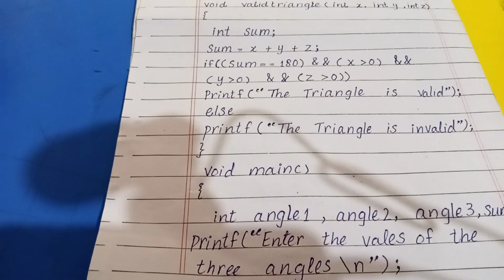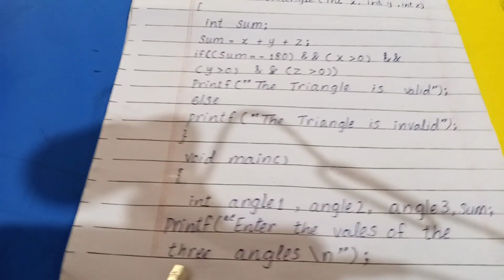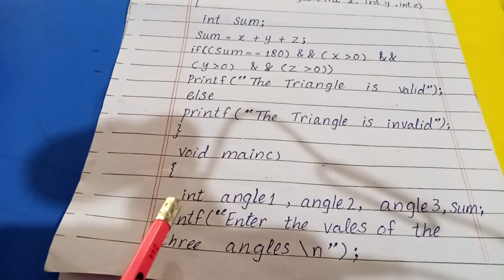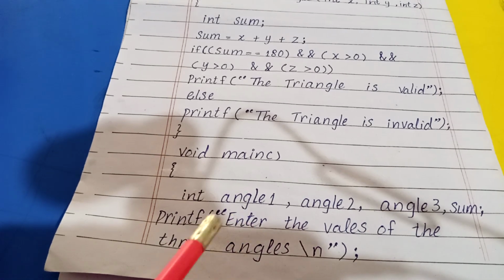Instead of void main we can use the int main function. Void main, parentheses, using the opening curly braces. You can see we have a data type, which is integer, int, and we have these variable names: first variable is angle1, comma, second variable is angle2, and angle3 and sum.